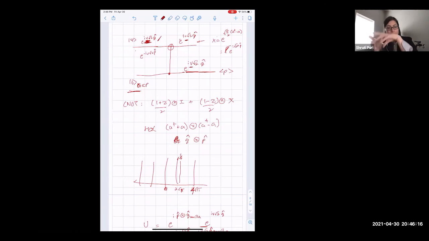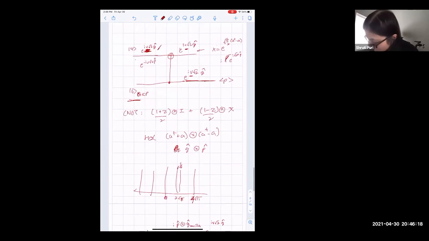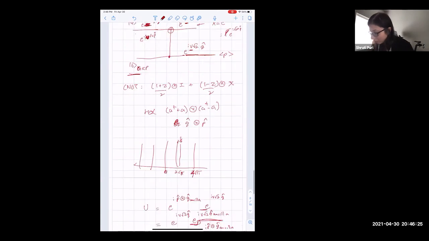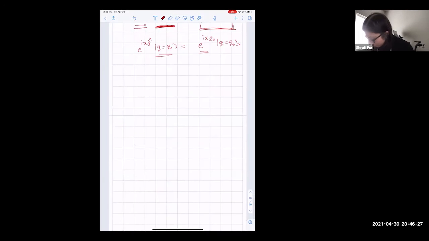And similarly, if you did the C naught the other way, if you wanted to measure what this displacement U was, then you initialize the ancilla in the plus GKP state. And then you do a C naught this way between the two.